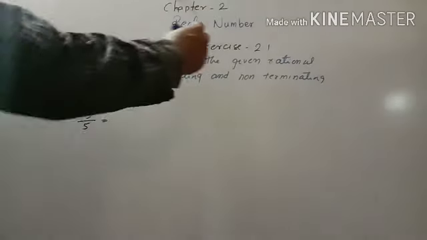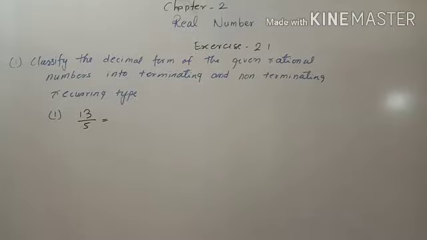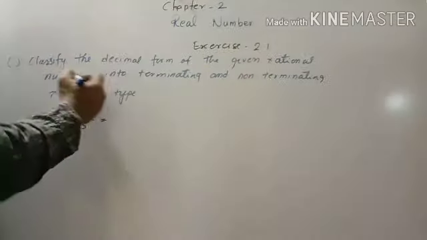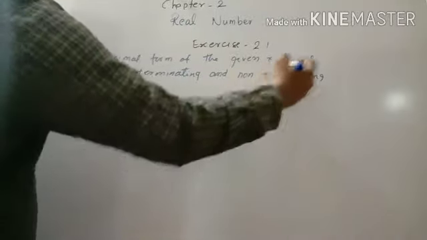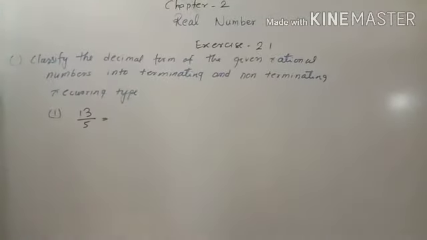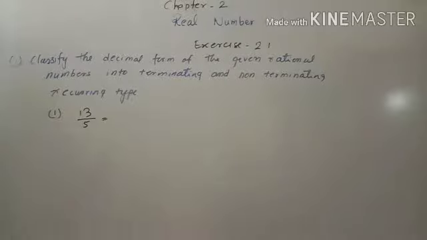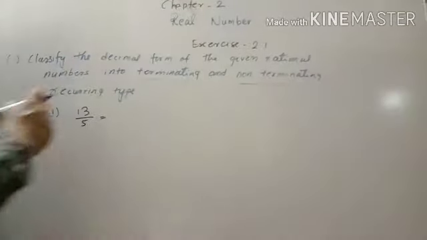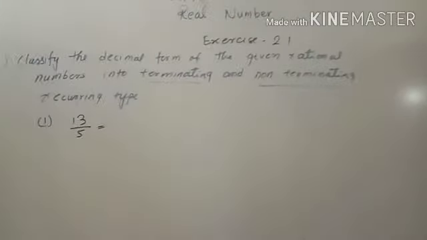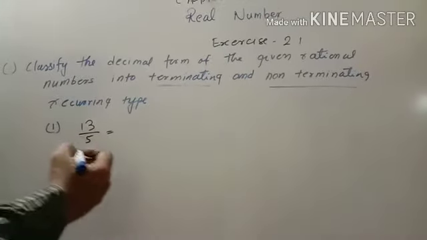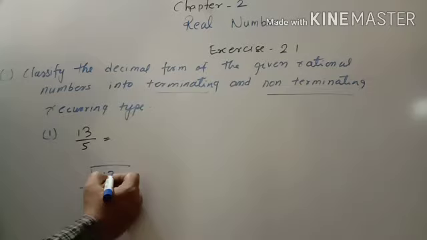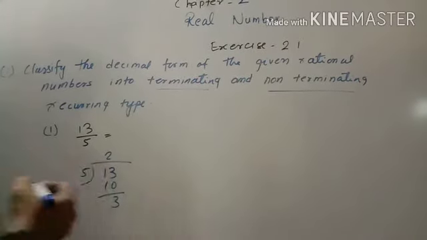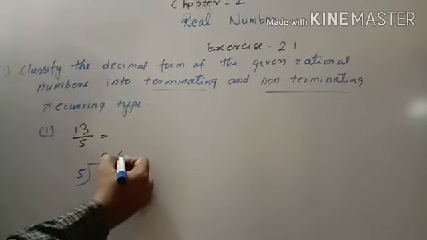Yes, students. Under exercise 2.1, the first question is: classify the decimal form of the given rational numbers into terminating and non-terminating recurring type. For knowing whether it is terminating or non-terminating, we first divide that number. 13 is divided by 5. 5 2s are 10, remaining 3. 5 6s are 30.